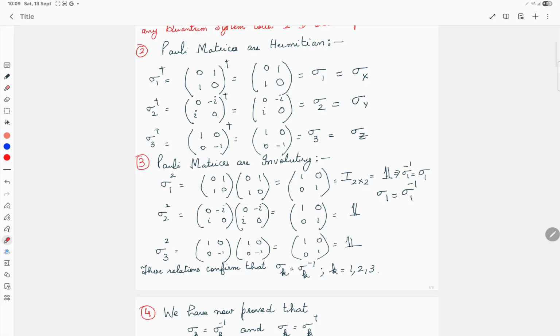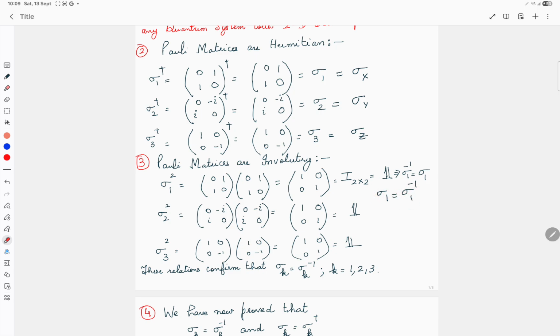Pauli matrices are also involutory. Involutory means that if you multiply the two matrices, it will result into an identity matrix. So sigma 1 square is basically equal to the identity. So what does this prove? This proves that the matrix sigma 1 is actually equal to its inverse.